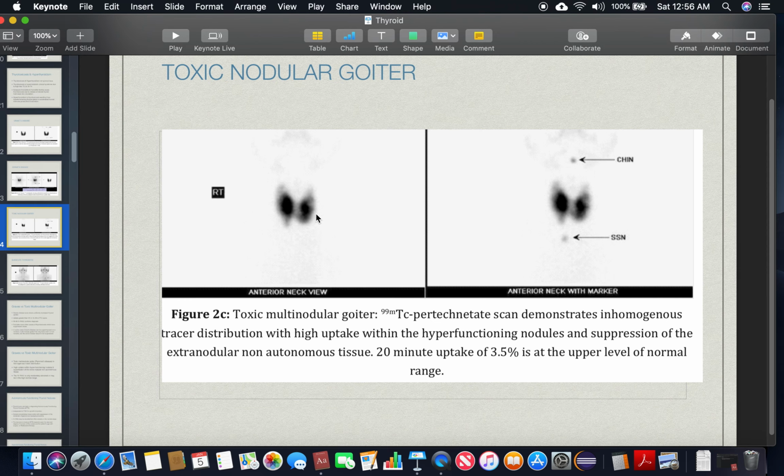Here is an example of a toxic nodular goiter. If you compare this entire gland and this part of the gland, you see how intense the uptake is. It is high uptake here, and the gland itself is heterogeneous. So there are hyperfunctioning nodules, and they suppress the rest of the gland.